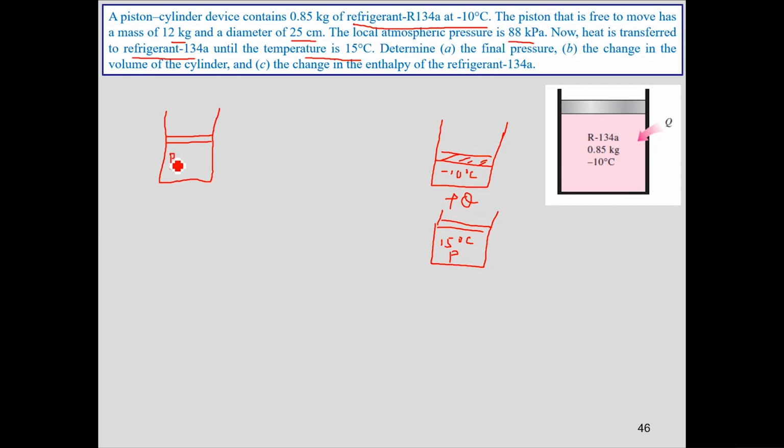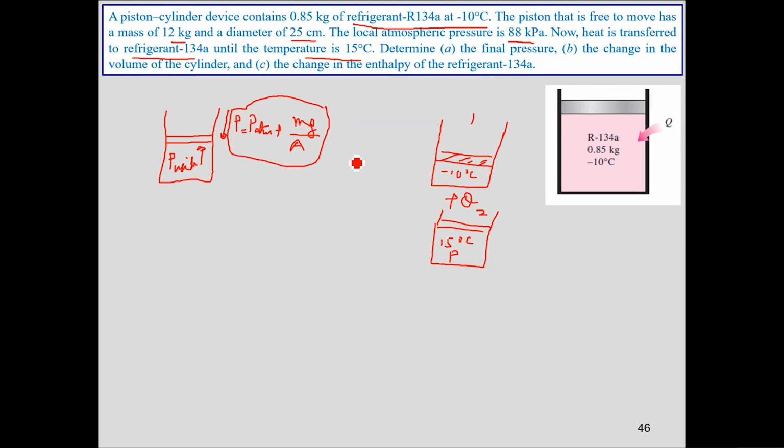So the pressure inside, P inside, which is acting upwards, should be equivalent to whatever is acting downwards, and the pressure acting downwards is nothing but P atmospheric plus the pressure due to the mass of the piston head, which is mg divided by the cross-sectional area on which it is acting.